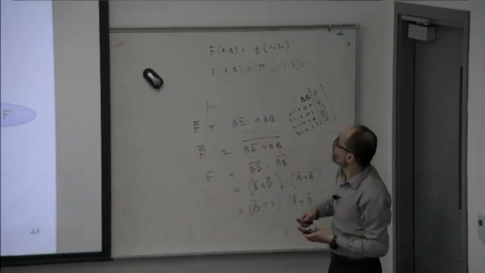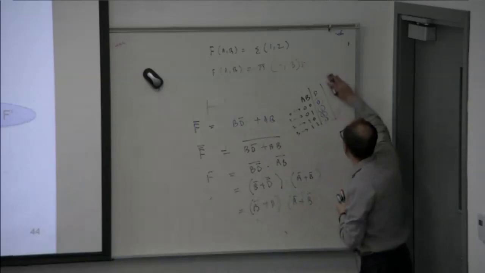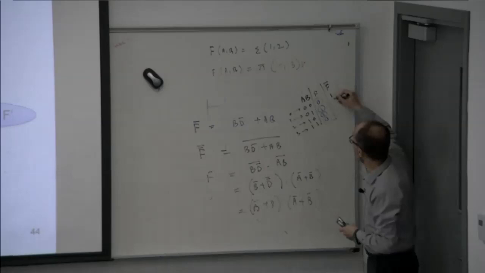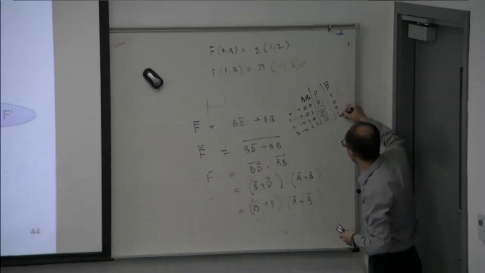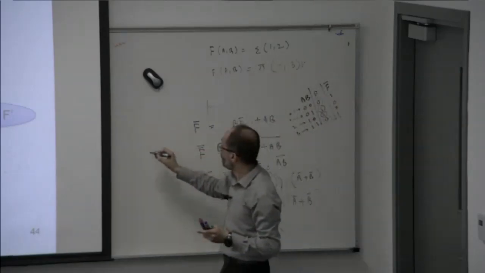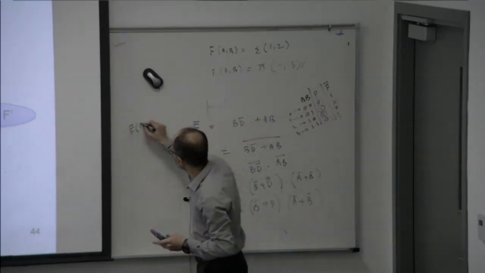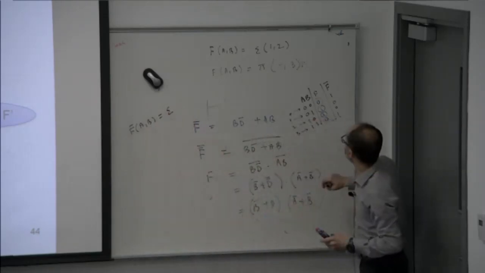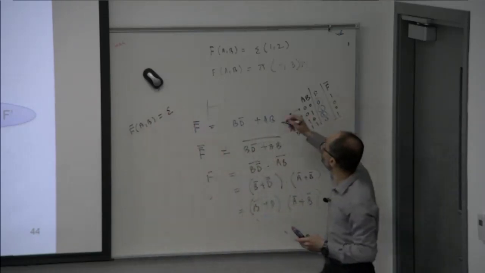Okay, now please think. If you say f bar, what is f bar? Can you see here f bar? Now this is f bar. What will be f bar? 1 0 0 1. Again, I'm repeating the old topics. Now what is f bar in sigma form? Sigma form 0 and 3.